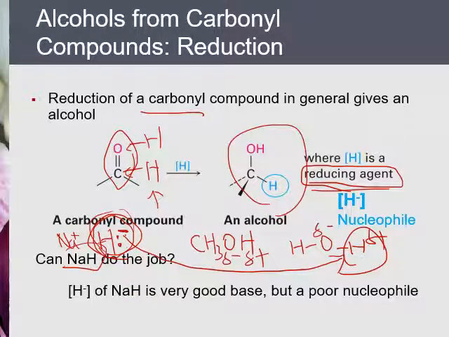Sodium hydride is a very good base, and whenever you have water or any weak acid, it will react. But it's not a good compound to react with ketones and aldehydes to make alcohols, because this reaction is not an acid-base reaction.